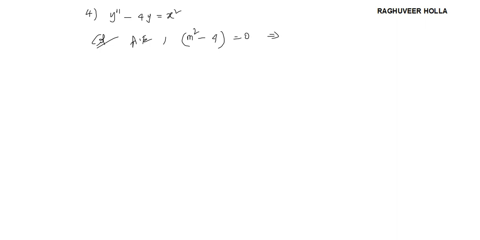So the roots would be m as plus or minus 2. So the complementary function, which is yc, would be c1 e to the power of minus 2x, right? And you have c2 e to the power of 2x. So we got this, and let us find what is yp here.